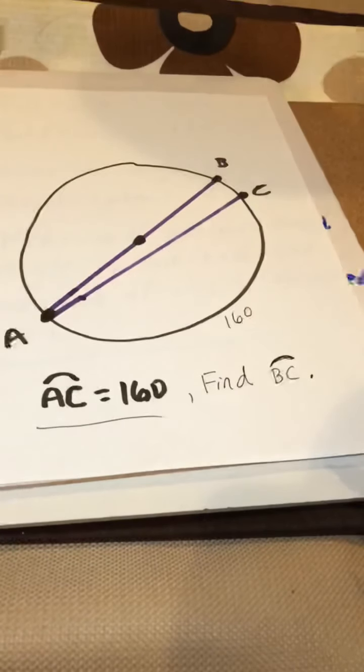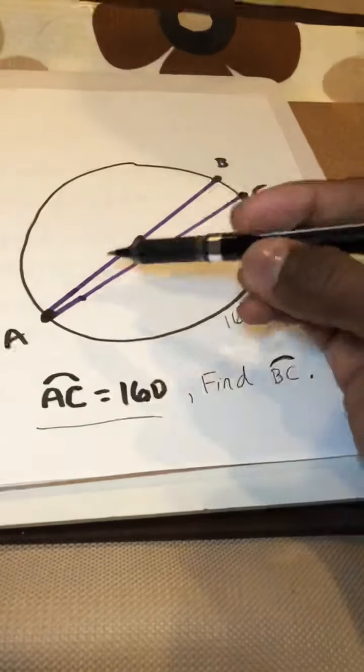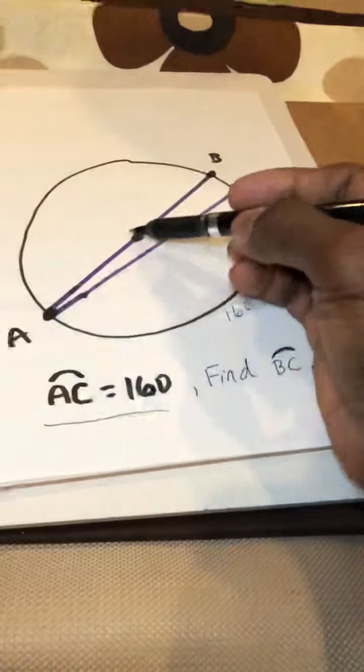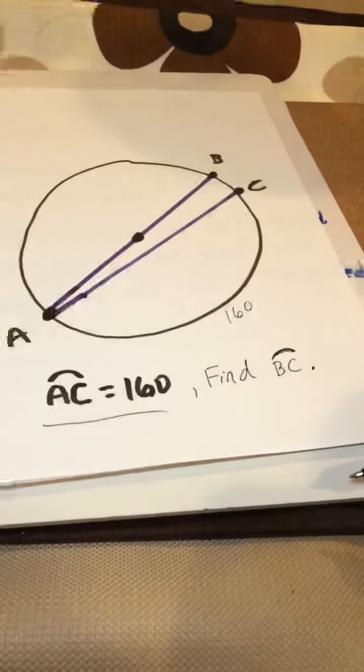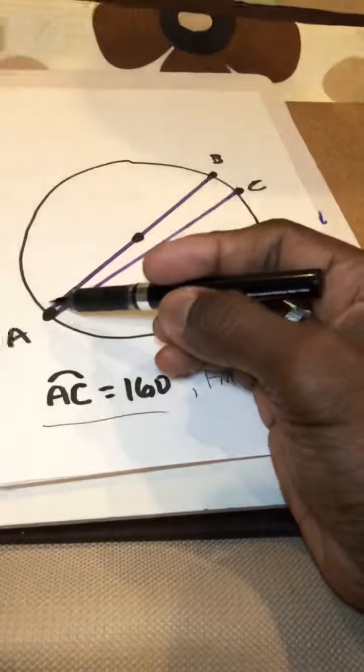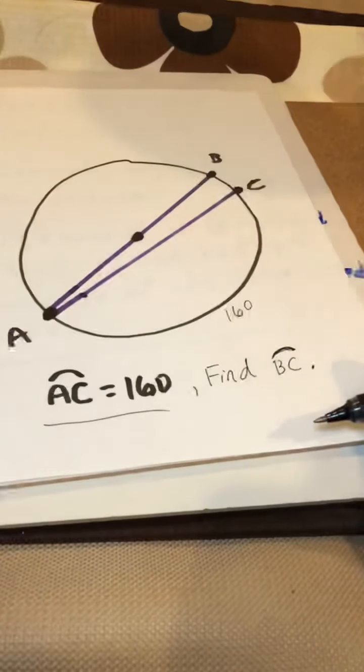Now, believe it or not, a diameter is a chord that forms a straight angle, or it divides a circle into half.